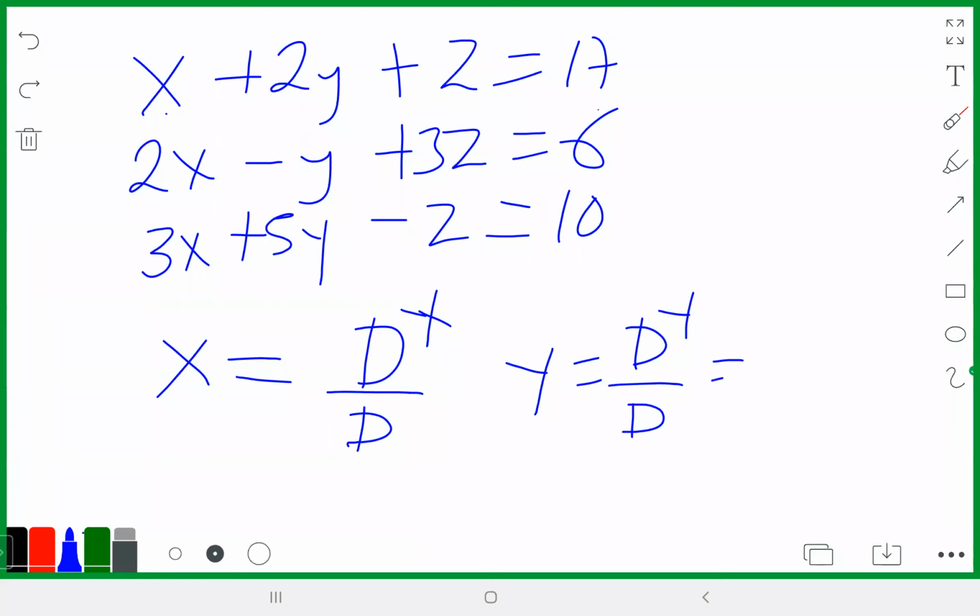And z shall be equal to the determinant of z divided by the general determinant. You can see that the determinant is very important here. Once you have the skill of finding determinants, it is very straightforward and you can answer any question.